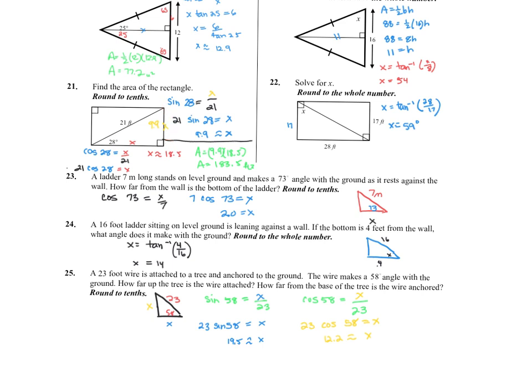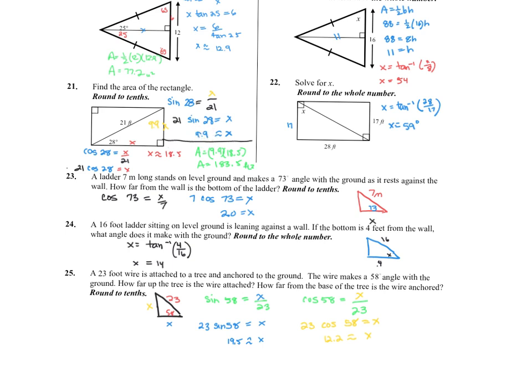If I start with the 28 and I have the hypotenuse and I want to find the opposite, that is going to be sine. So I'm going to say sine of 28 is the opposite x divided by the hypotenuse 21. When I cross multiply, this is what goes in my calculator, and it gives me this answer.